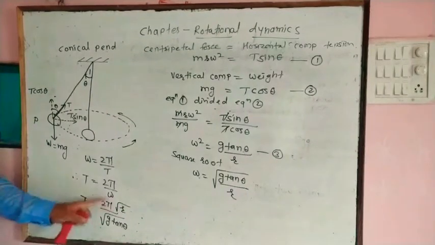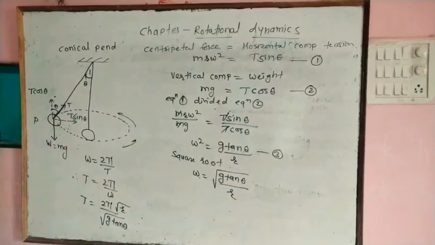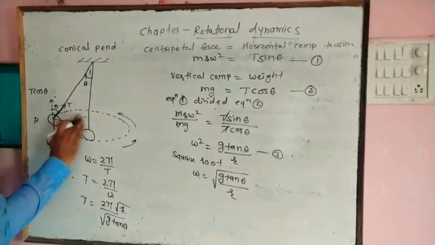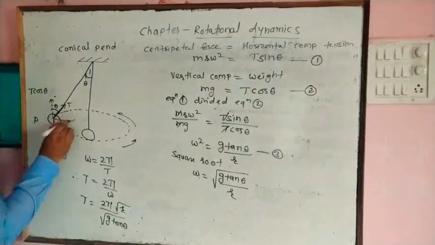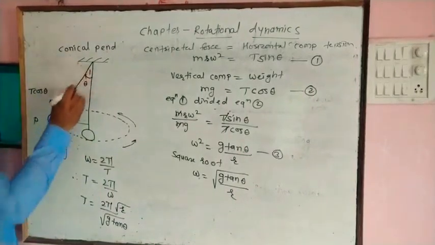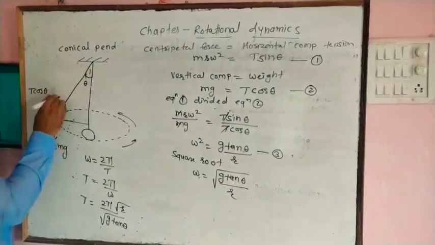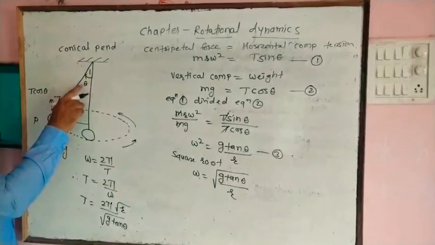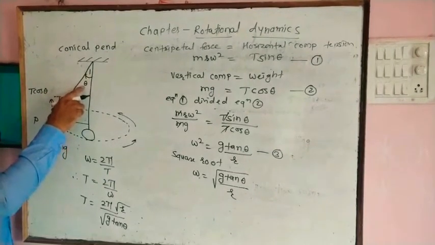Now, r is the radius of the circular path. To calculate the radius of the circular path, we know here the measure of this angle is equal to theta.